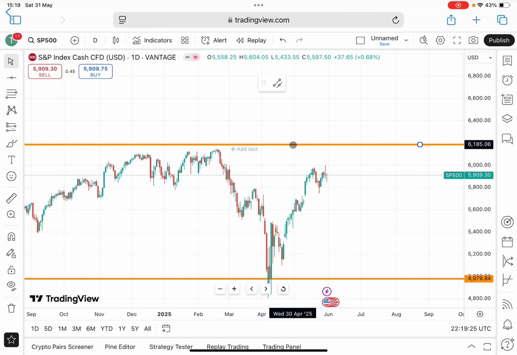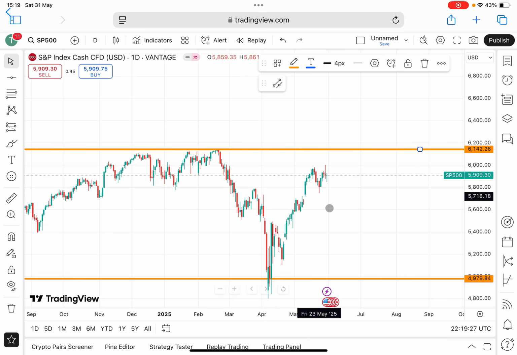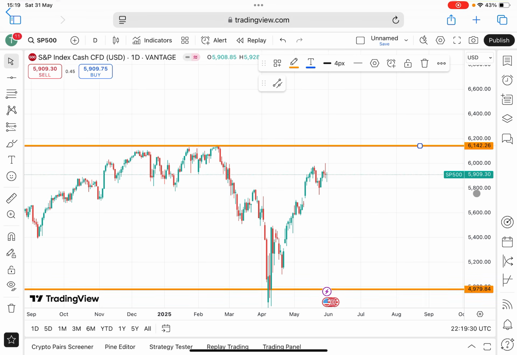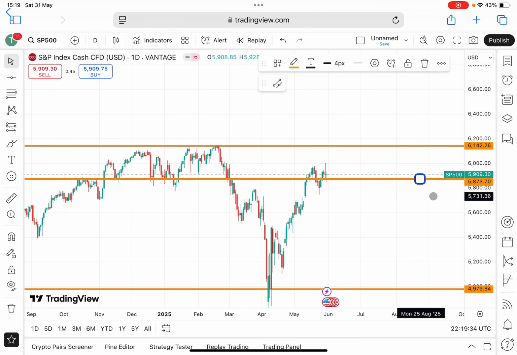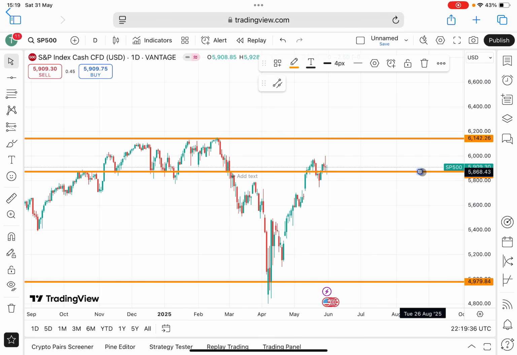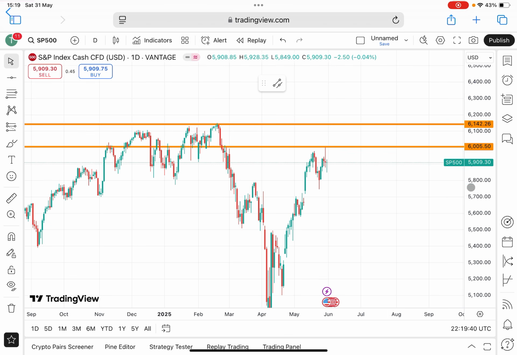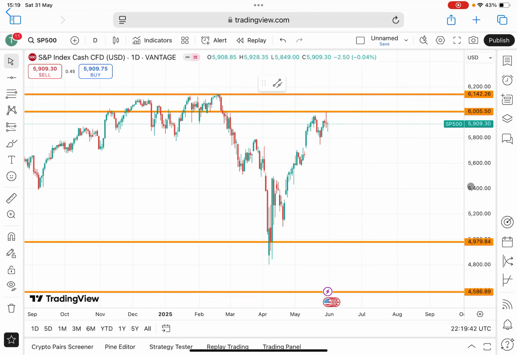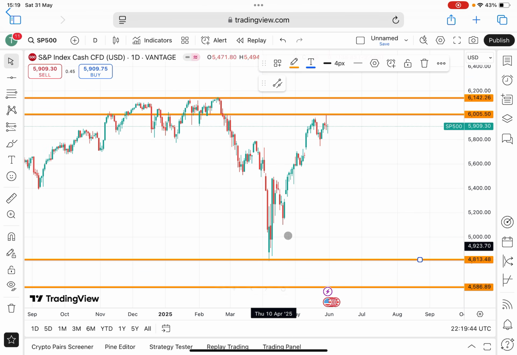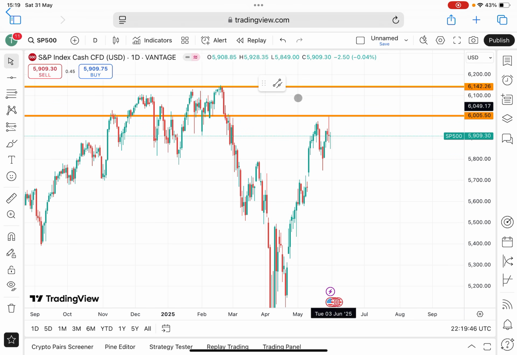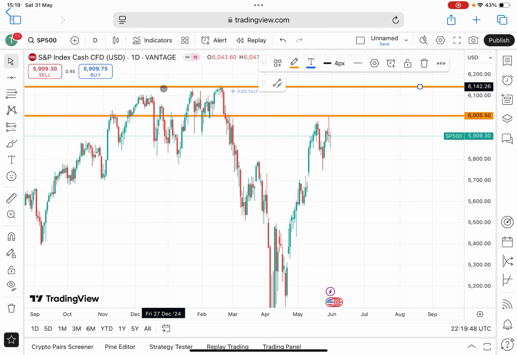So this is the highest resistance, and I'm still honestly bearish on indices too, because they are positively correlated with the dollar. If the dollar is weak, that means the economy of America is weak, and that affects the stock market as well. There is like a double top here.